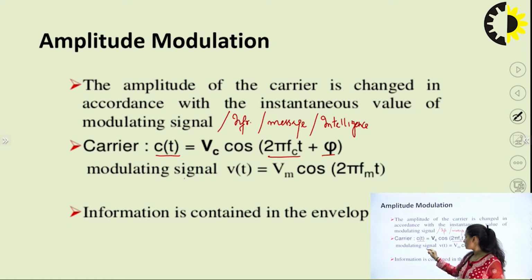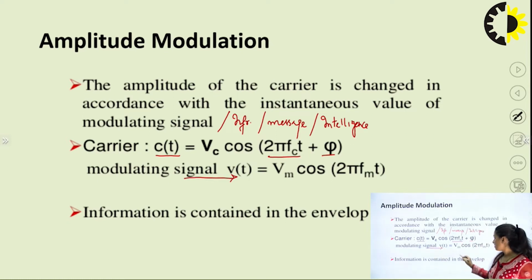The modulating signal or message signal is represented as v(t), which can be elaborated as Vm cos(2 pi fm t), where Vm is the amplitude of my message signal and the frequency of the message signal is fm. Here the frequency of my carrier wave is fc. We have to take care of one thing here: if my message signal is an audio signal, then its frequency would lie between 20 hertz and 20 kilohertz.